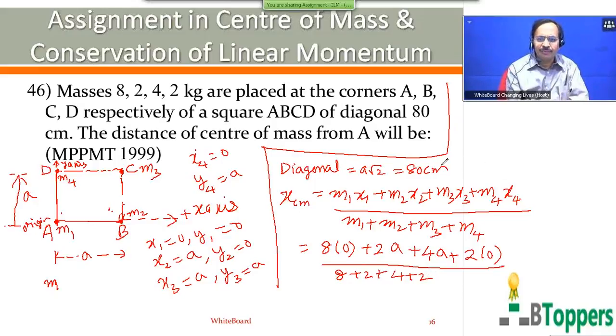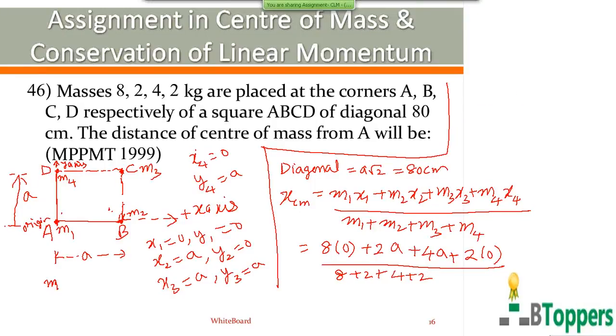The x coordinate of the center of mass equals 6a by 16, or 3a by 8. Similarly, you can find the y coordinate of the center of mass in terms of a, and substitute the value of a in the last step.